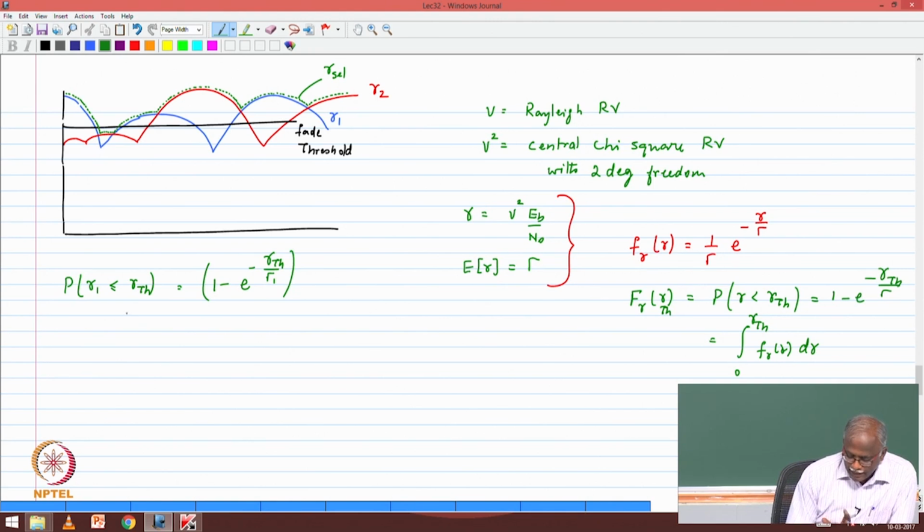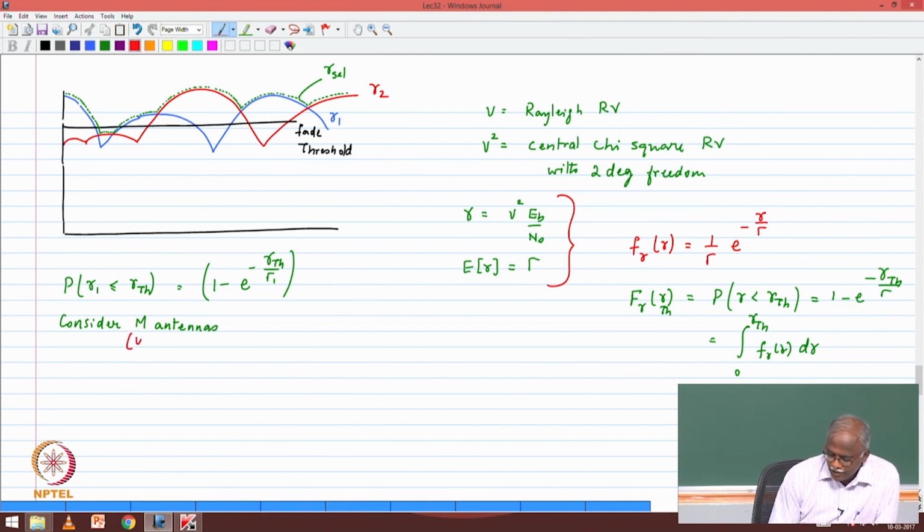Now, if we were to extend it to M antennas, consider M independently fading antennas. You can call them uncorrelated antennas, or you can also specify that these are M antennas with independent fading. Both are the same for us.